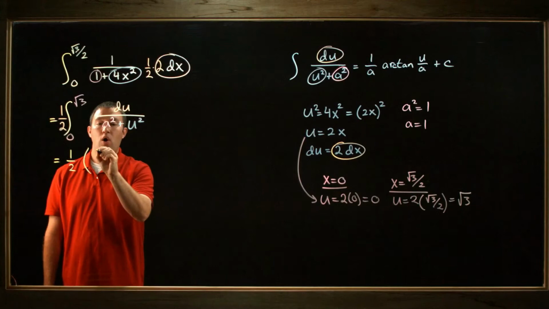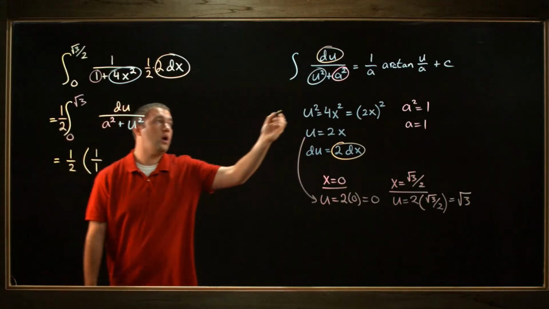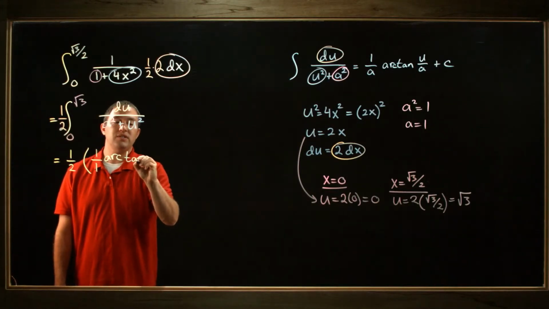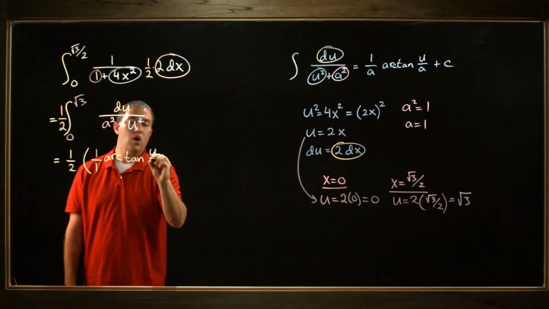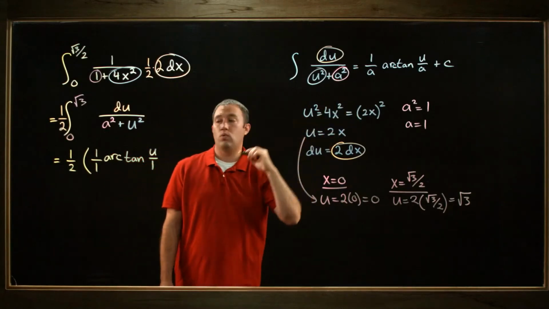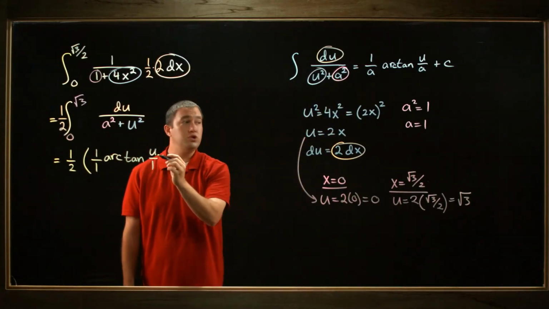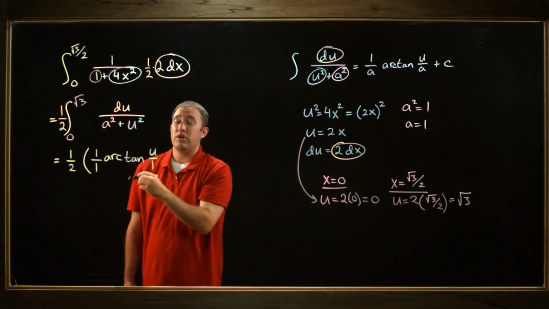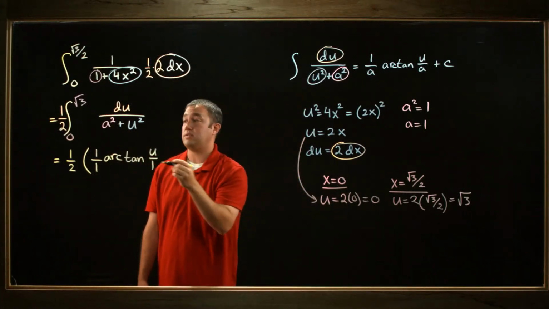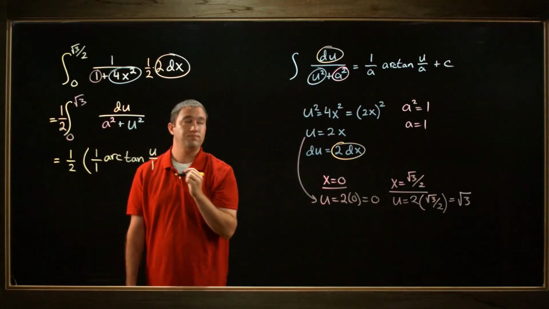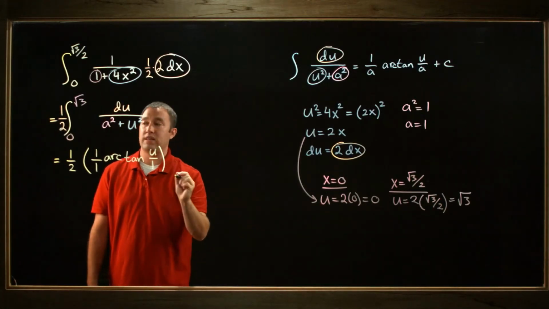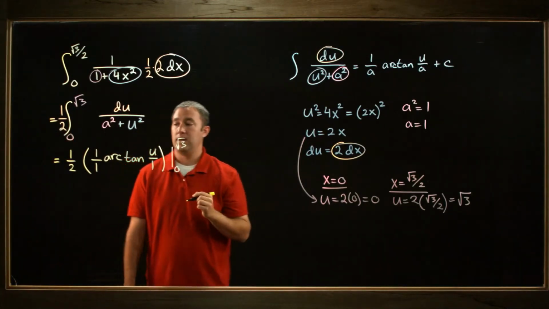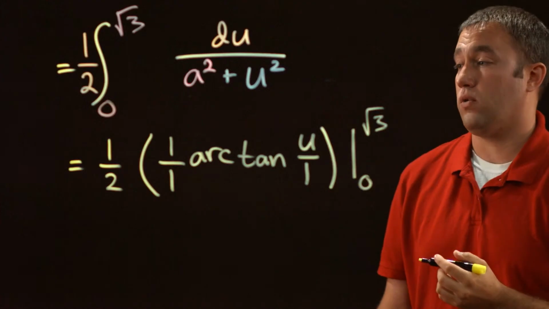It's 1/1, because a is equal to 1, arctangent of u over 1. Now you might be thinking to yourself, well, shouldn't you replace u with 2x? Well, I've already changed my limits of integration, so I don't need to plug back in for what u was, because I've changed my limits of integration. Okay, and then I'm evaluating that from u equals 0 to u equals square root of 3. If I can do that, then I've solved the definite integral.